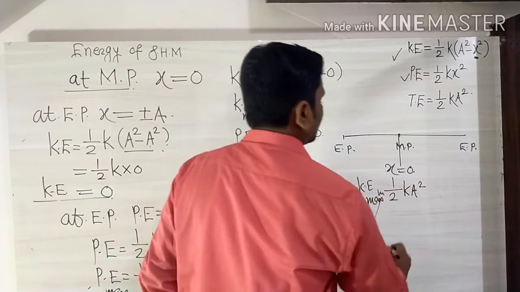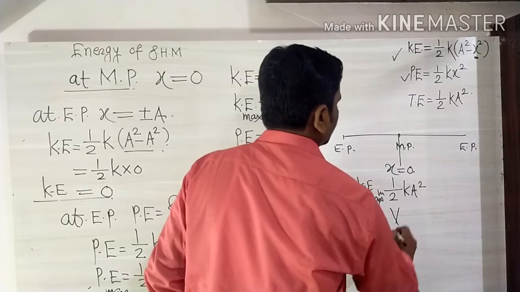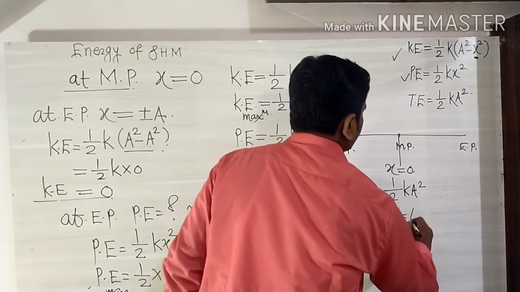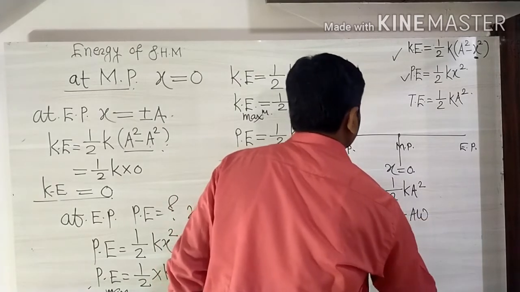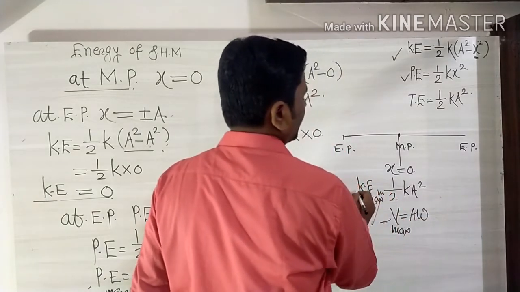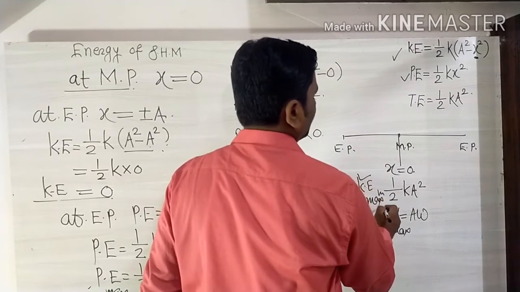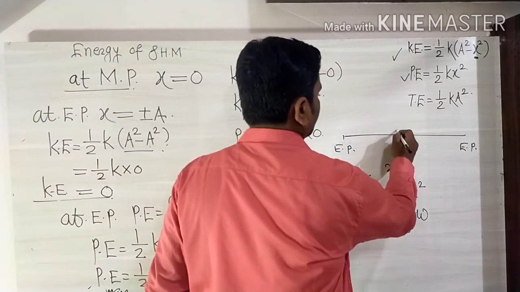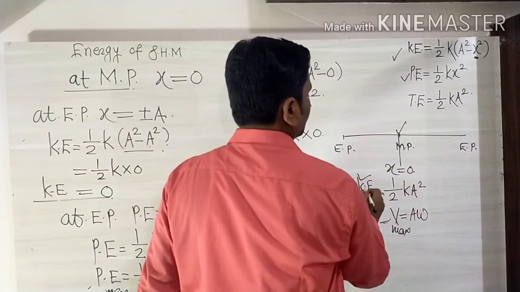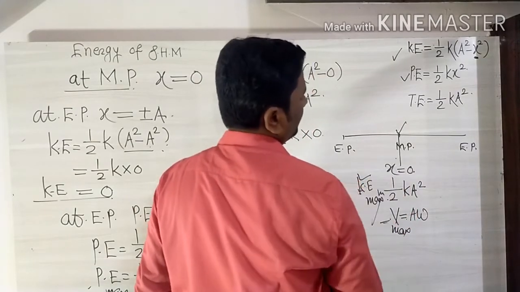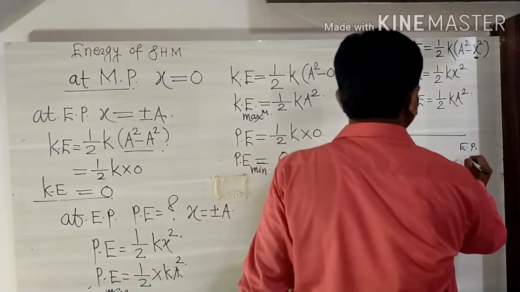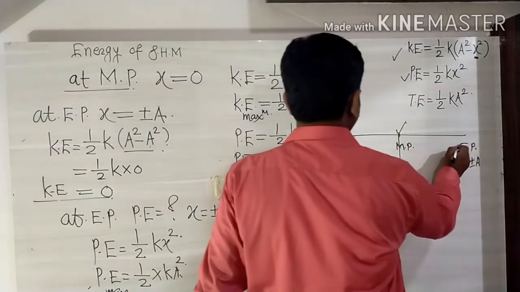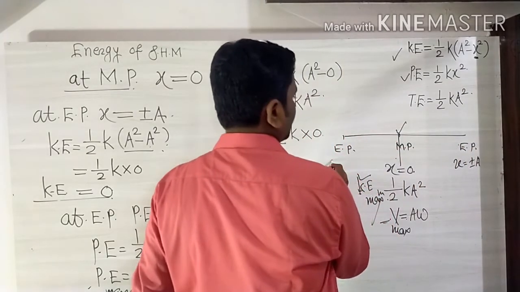And also we know that velocity at the mean position is maximum, that is a omega. So that's why velocity is maximum, meaning kinetic energy is maximum. Logically we understand it. But at extreme position x is equal to plus or minus a, on the right side plus, on the left side minus.